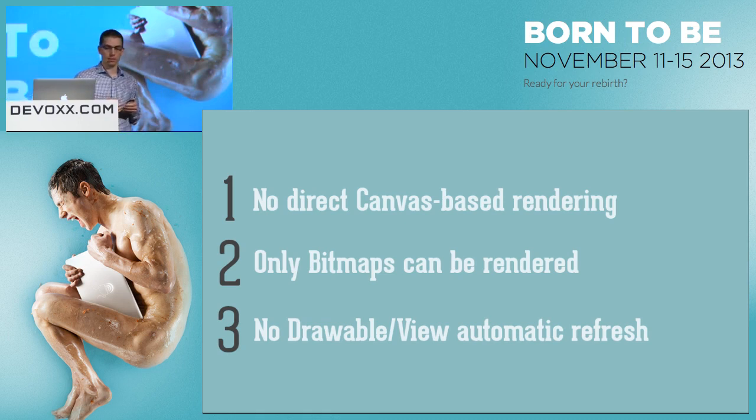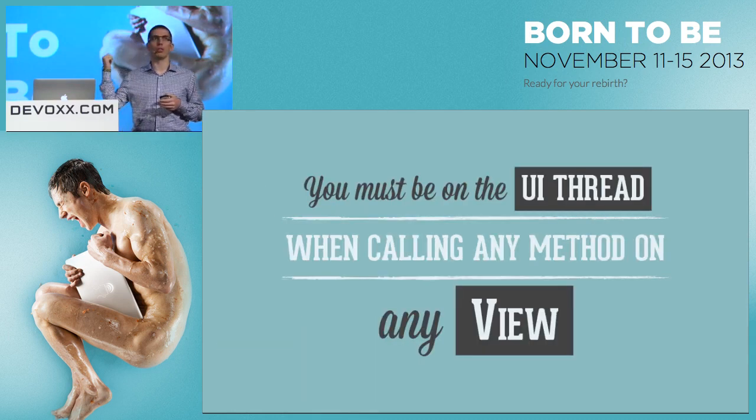And finally, another interesting thing is that, if you're an Android developer, I'm sure you know about this. This is in the documentation of the View class. When you're trying to interact with a view, you have to do it in the UI thread. This is because the view hierarchy is single-threaded, and you have to do all of the interaction with the view hierarchy directly on the UI thread.